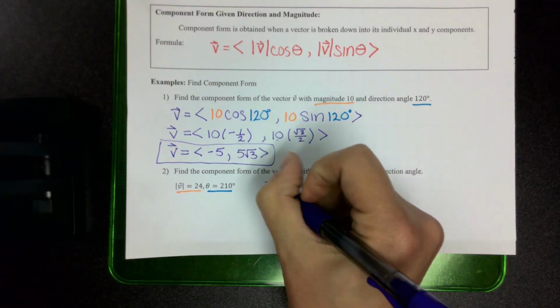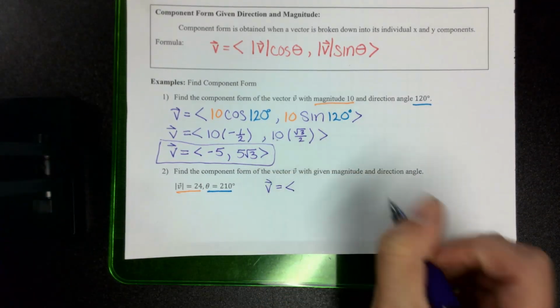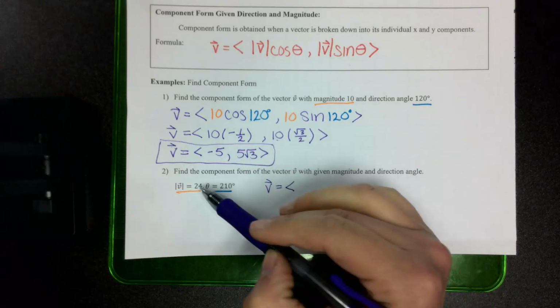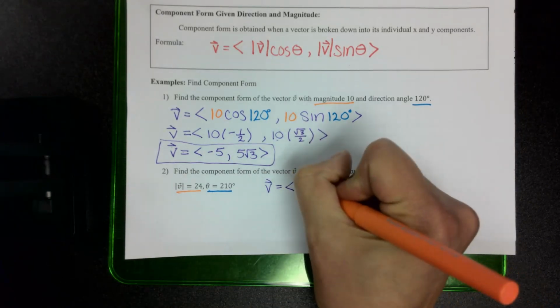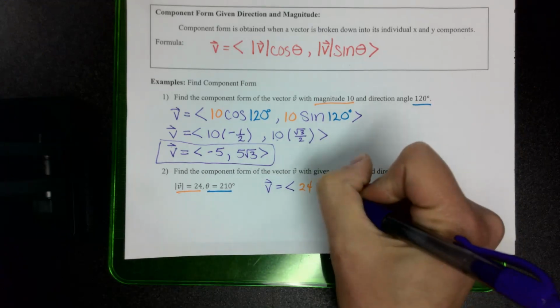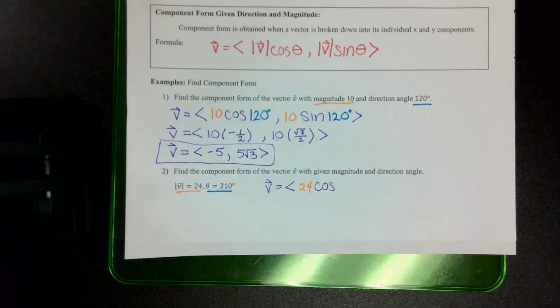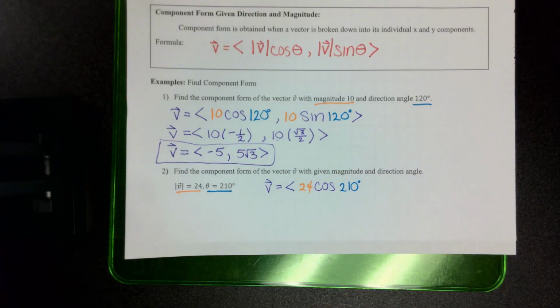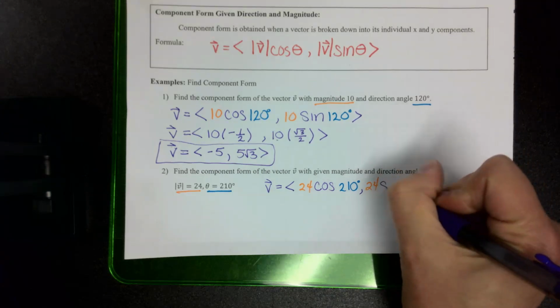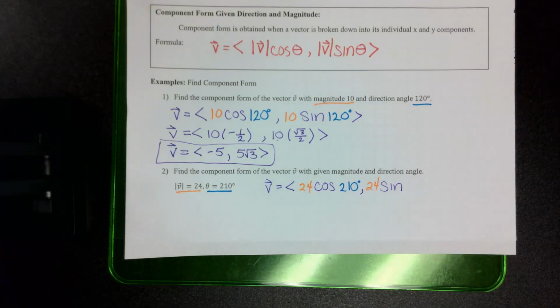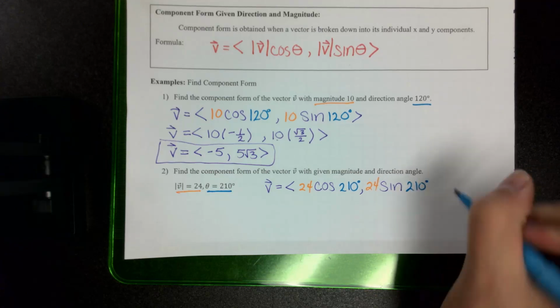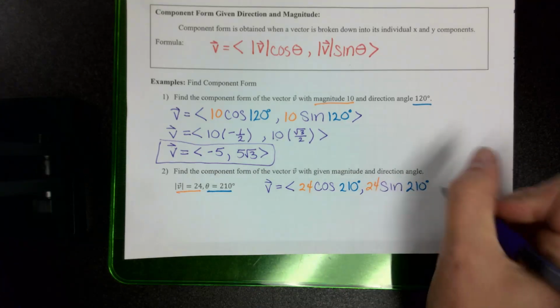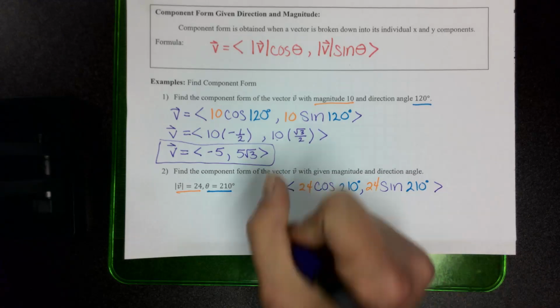So vector v equals the magnitude of vector v, which is 24, cosine of the angle theta, and I know the angle is 210 degrees, and then I have the magnitude, again 24, times the sine of the same angle theta, 210 degrees, and then simplify.